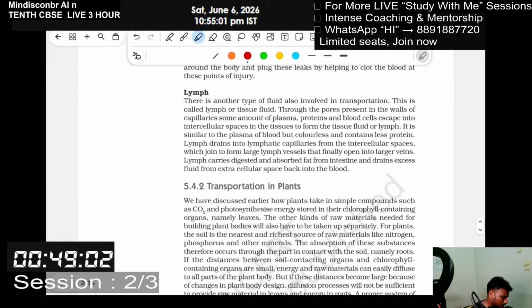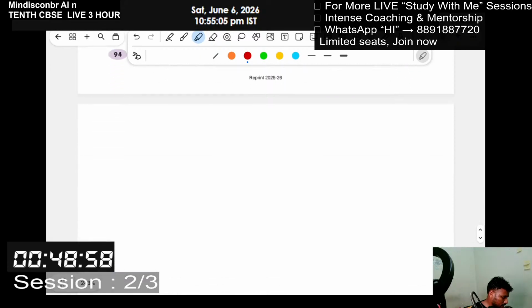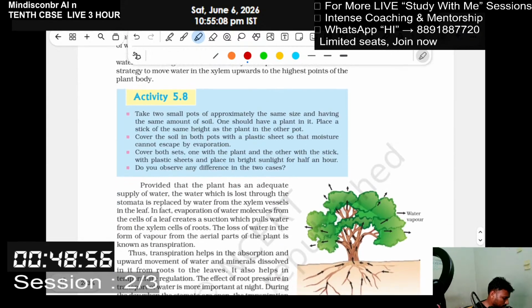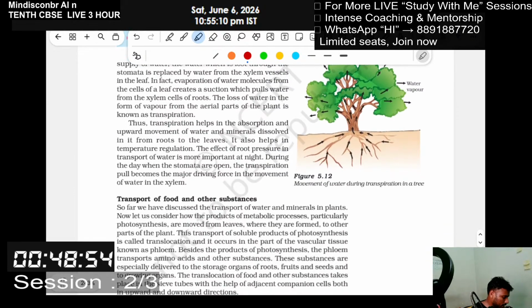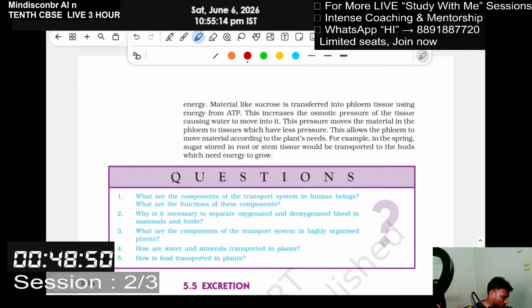Transportation in plants: transport of water, transport of food and other substances.